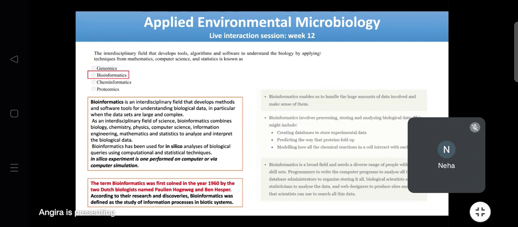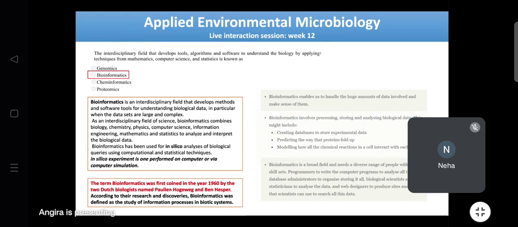Suppose you are analyzing the part of the genome of a bacteria which codes for a particular protein, be it a viral protein, be it a protein for cellular transport. When you are analyzing it for 1,000 different bacteria, you are taking into account thousands of such data and some 10,000s of nucleotides for one bacteria.